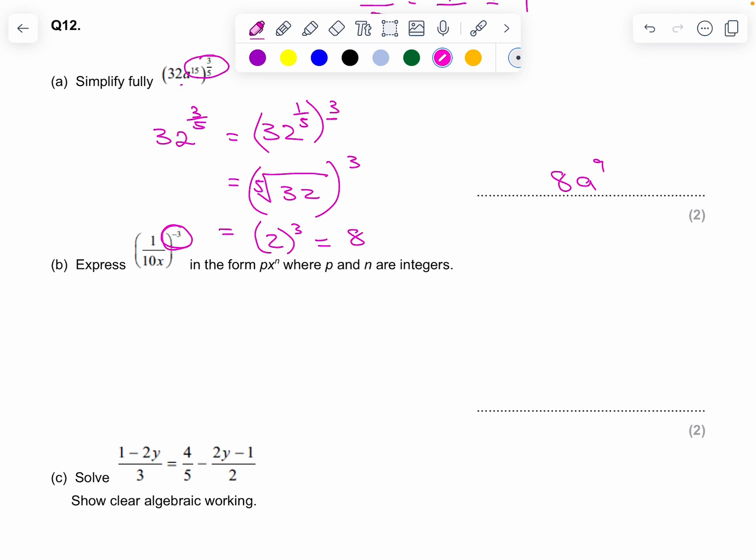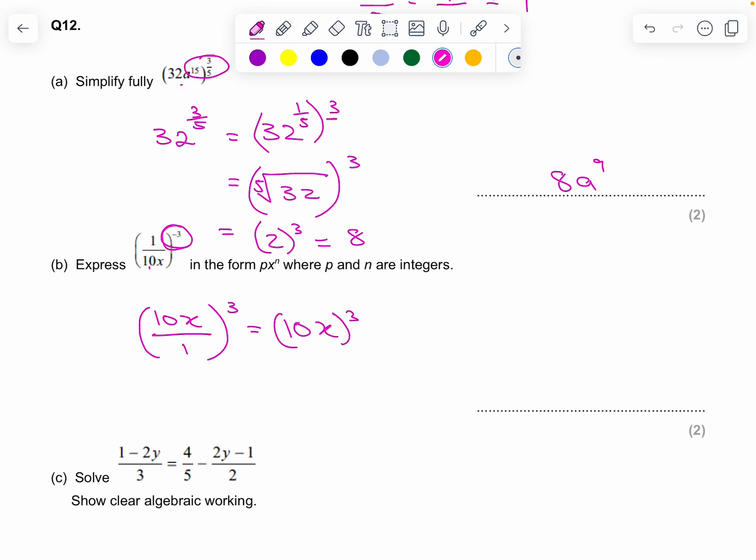Remember, we flip the number or the fraction, we flip it. So instead of it being 1 over 10x, it becomes 10x over 1. And the index becomes positive. That's all that happens.